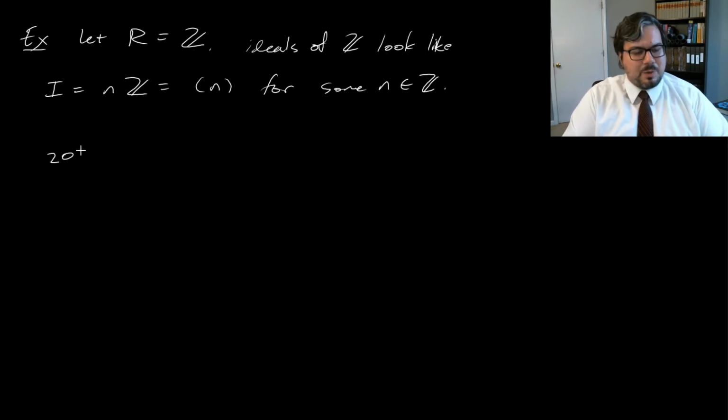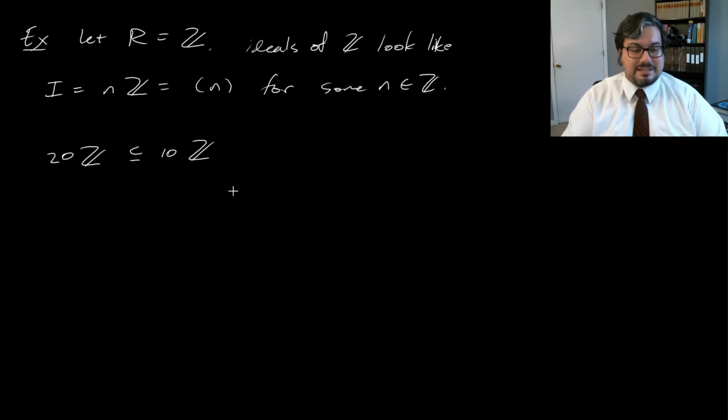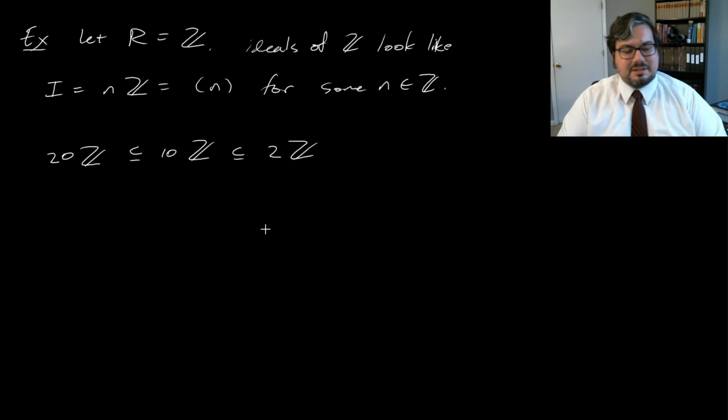I can look at 20Z, which contains all multiples of 20. That's contained in the set of all multiples of 10. So 20Z is contained in 10Z. And from 10Z, I can reduce down. Maybe I could say that this is contained in 2Z.